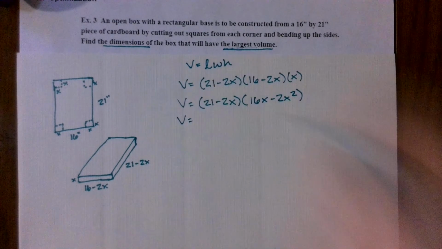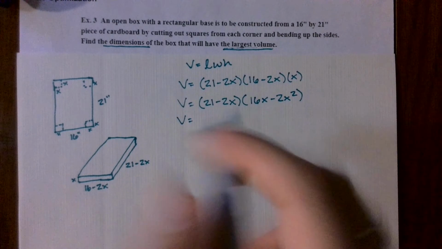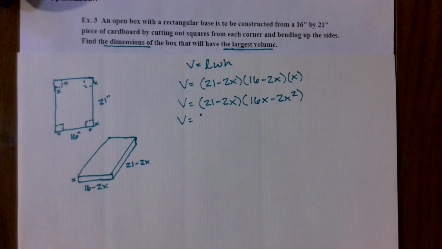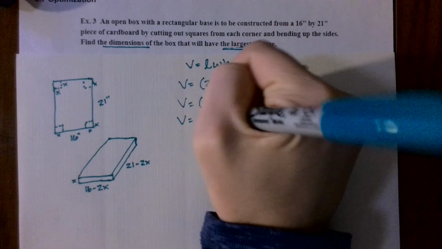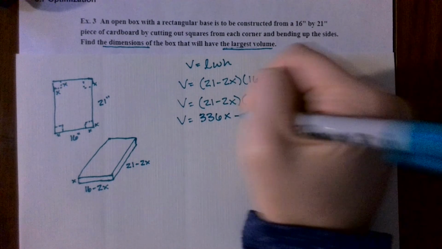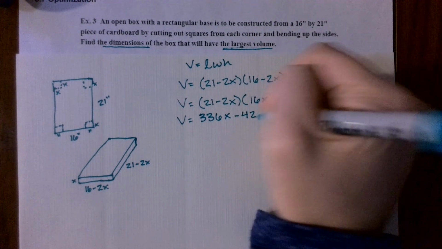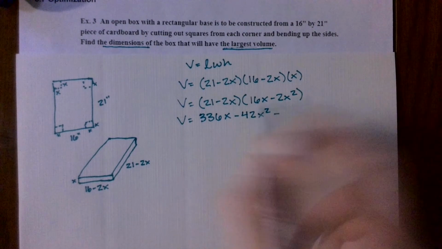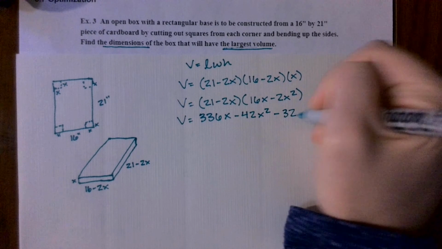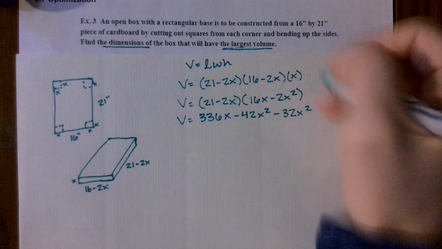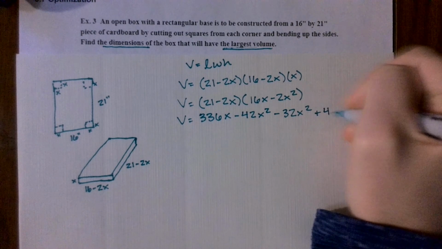And then I can use FOIL or multiply my binomials, distributing my 21 to both, and I'm going to get some pretty big numbers here. 21 times 16 is 336x, 21 times negative 2x squared is negative 42x squared. Then my negative 2x times 16 is negative 32x squared. And my negative 2x times the negative 2x squared is a positive 4x cubed.